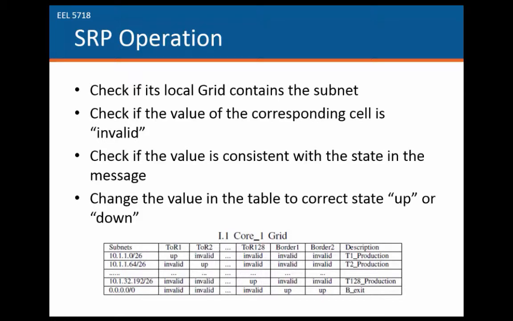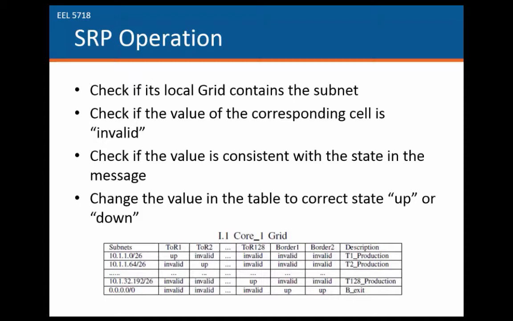So here's an example of what happens. When you get a link state advertisement, when something goes down in your network, the grid will check to see if the local grid contains the subnet. If it doesn't contain the subnet, it throws it out. If it does, it finds what subnet it is and then checks to see if that cell is invalid. If it's invalid, again, it throws it out because it's not connected.